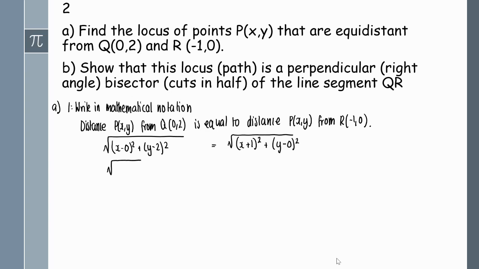So this distance formula, again, the square root of (x plus 1) squared plus (y minus 0) squared. I'm going to tidy it up just a little bit, get rid of the zeros where I can. And now let's think. Do I think this locus is going to be a circle or something different this time?